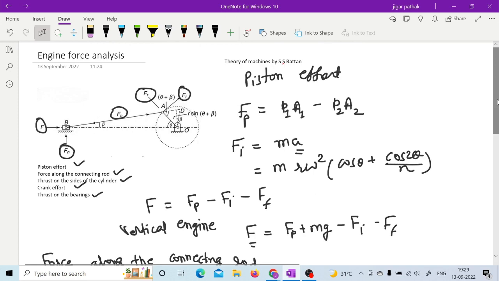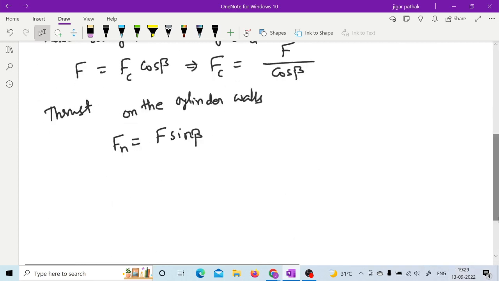This thrust on the cylinder wall can be given by Fn, which is represented with Fc sine beta. Here you can see this is Fc and this is Fn, which is the vertical component. So this vertical component can be represented with Fc sine beta. Sorry, actually it is Fc sine beta.